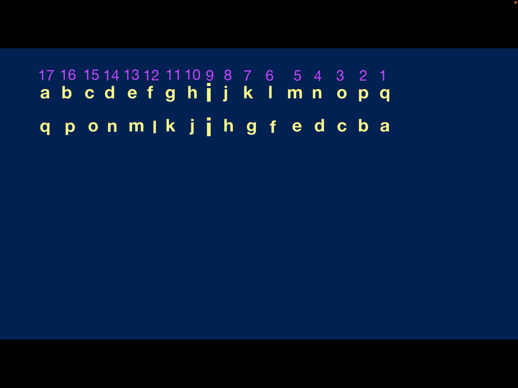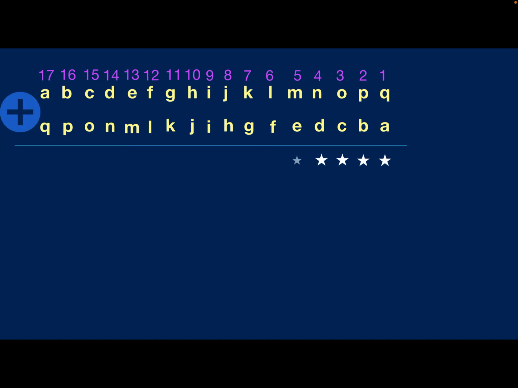Suppose the digits of the sum are all stars, like all 17 digits of the sum are expressed by 17 stars. According to the question, we have to prove that at least one digit of the sum must be even. So we have to prove that at least one star must be even.